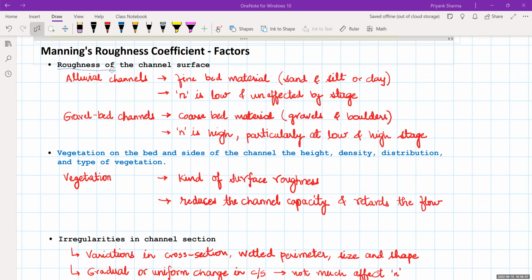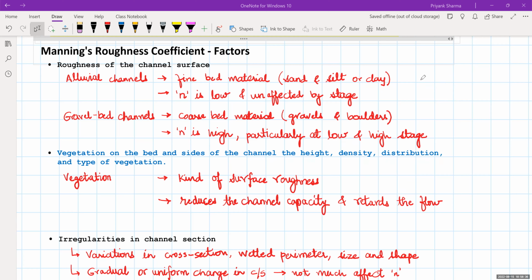As it is a roughness coefficient, for smooth channels it will be a low value because that signifies less resistance, and for rough channels it will be a high value. As you have noticed, Q is inversely proportional to Manning's coefficient. So the higher the value of n, the lower the discharge because there will be more resistance, and the lower the value of n, the higher the discharge.